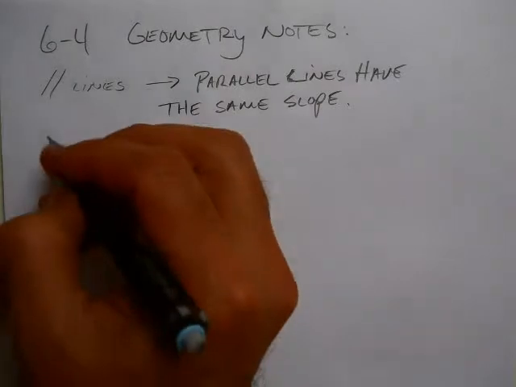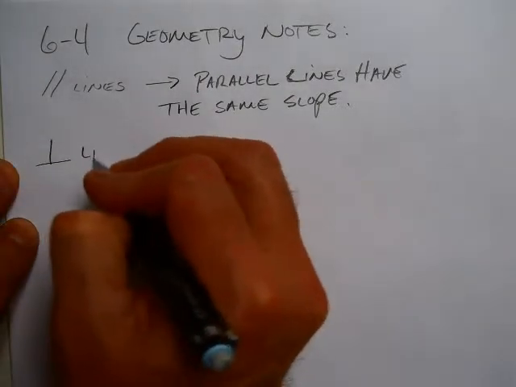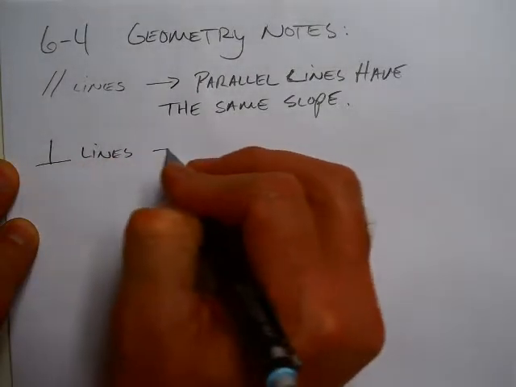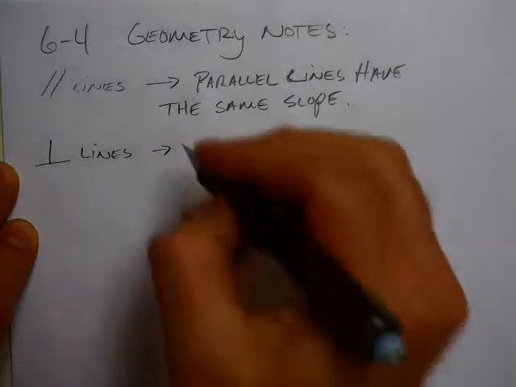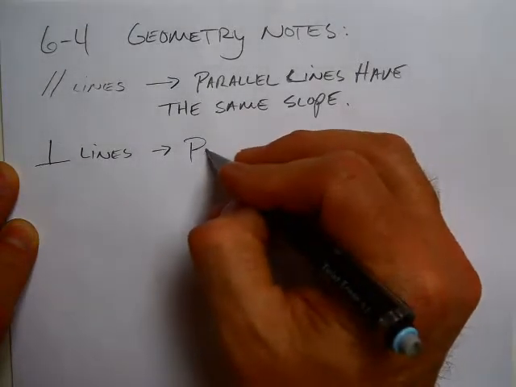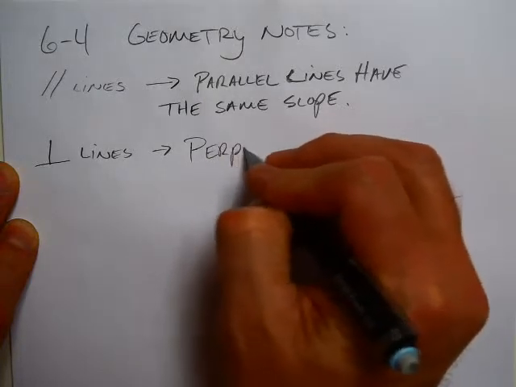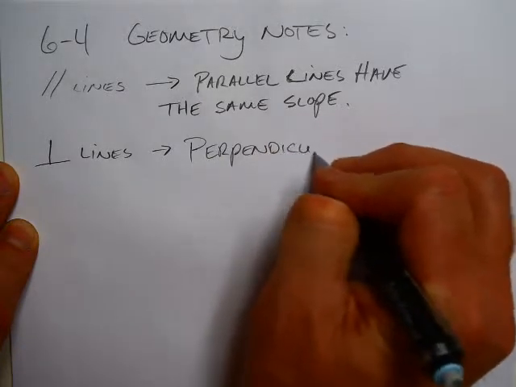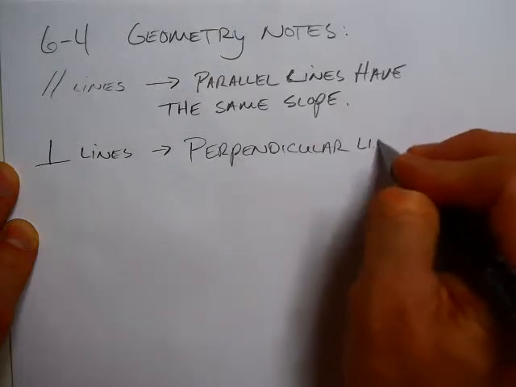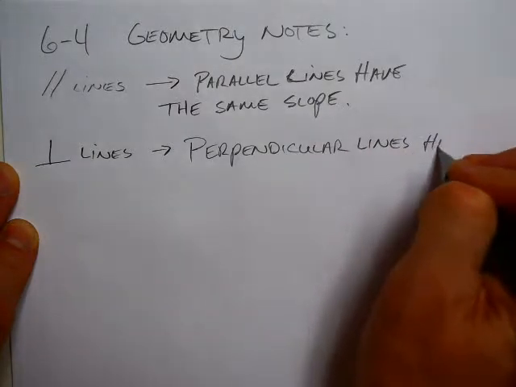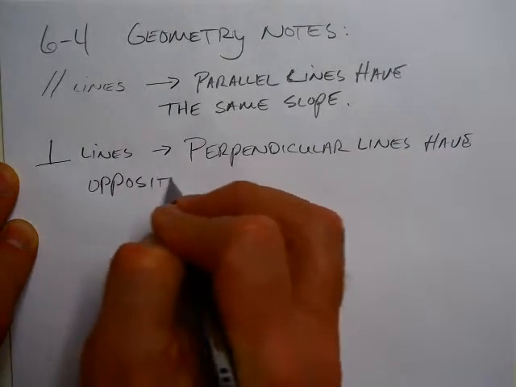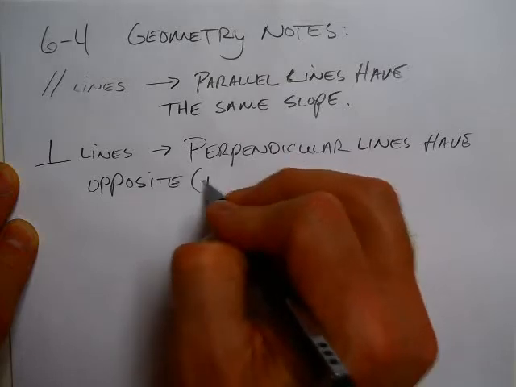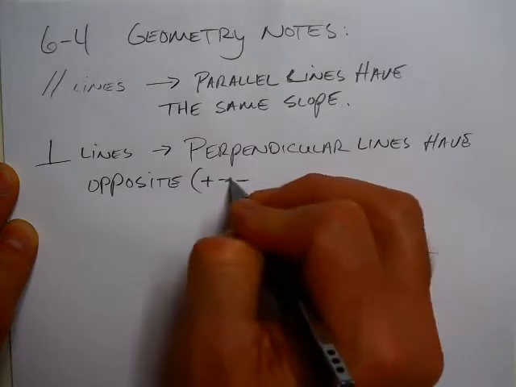How about perpendicular lines? Opposite reciprocal slope. So perpendicular lines have opposite reciprocal slopes. And by opposite, we mean plus to minus and vice versa.